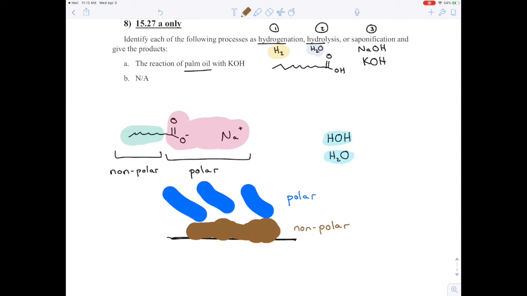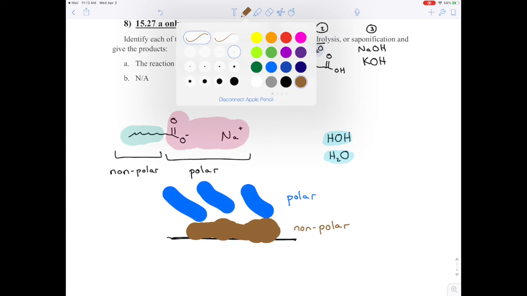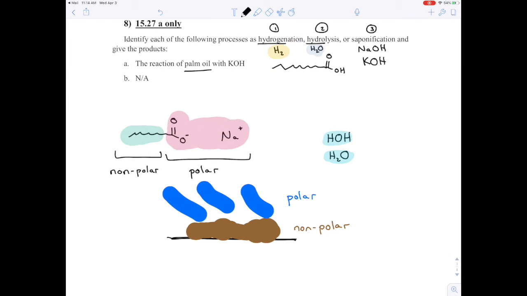If you take a shower with no soap, you're just washing water over you, you're not getting rid of all the dirt and microbes that are on your skin. So, you add soap. And what soap does is the nonpolar end of the molecule will mix with the nonpolar oils, and the polar end will be able to mix with the water.